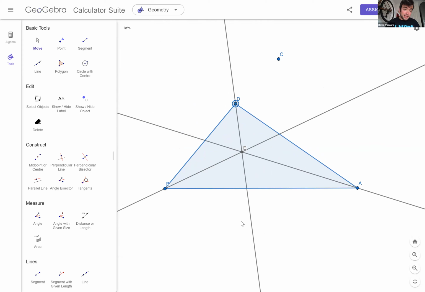Okay, it turns out, and it's proved on the sheet, that those three angle bisectors do all meet in a point. And I will show you a nice property that that point has, which you may or may not have seen.